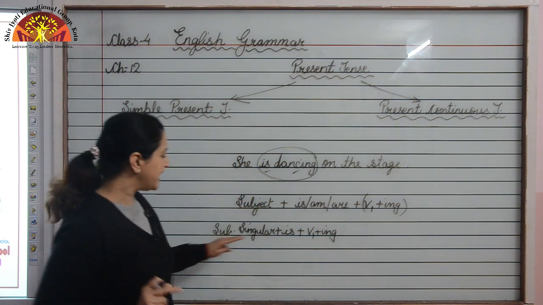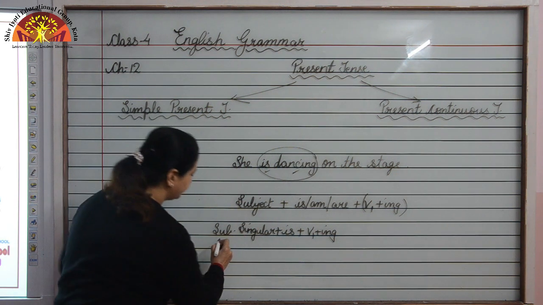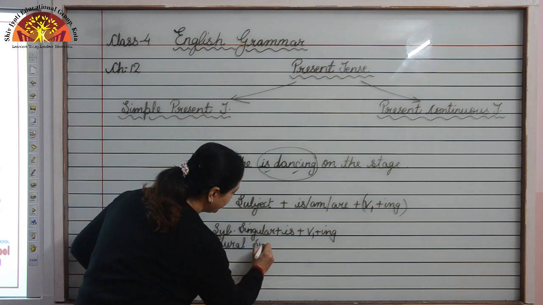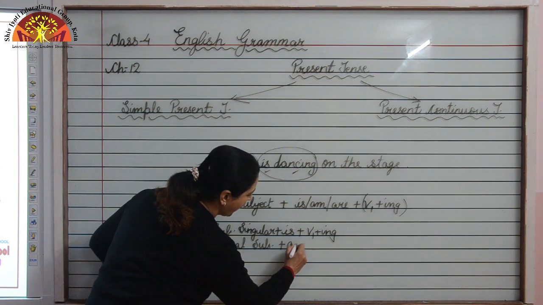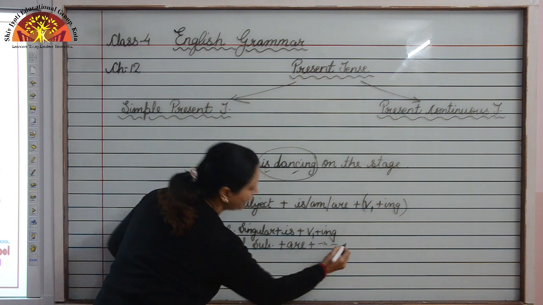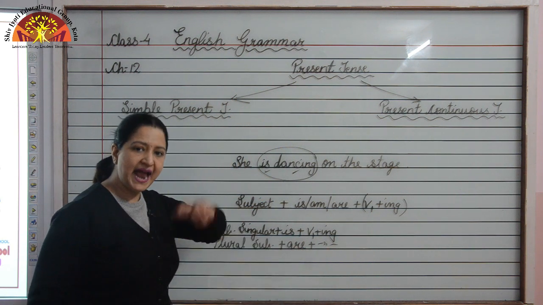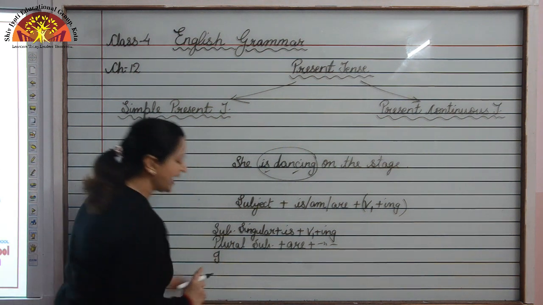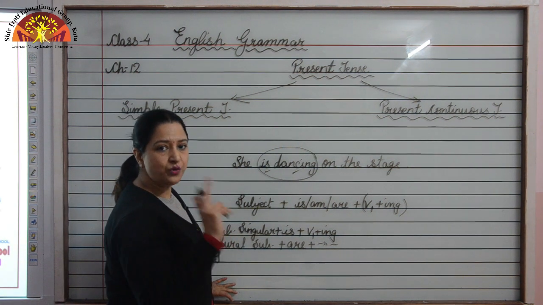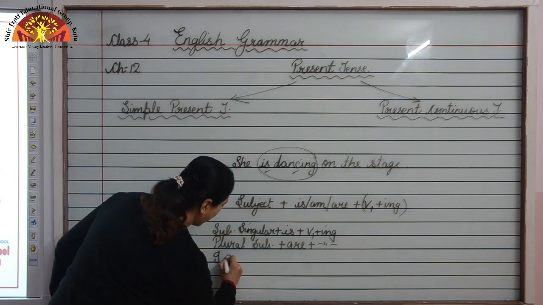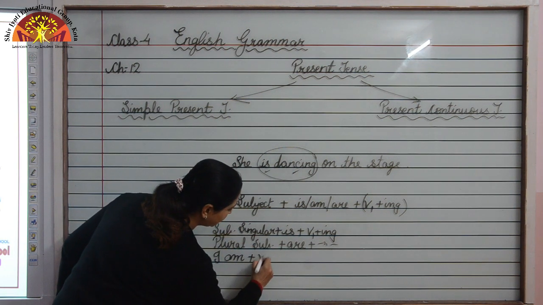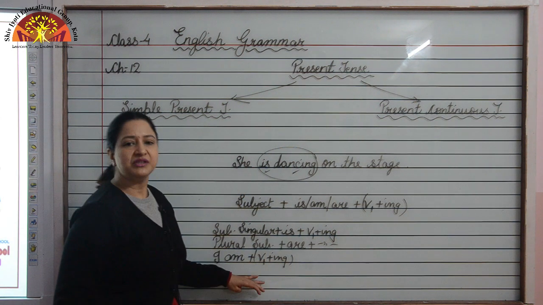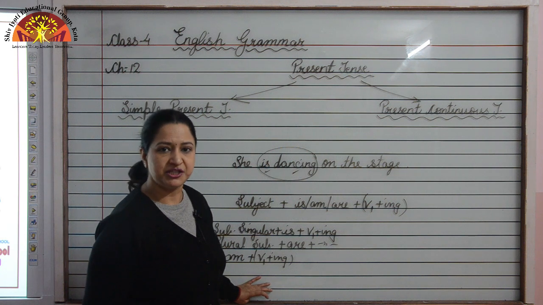Whenever your subject is plural, plural subject plus are plus verb plus ing, and if your subject is I, always remember that you have to use am. I am plus first form of verb plus ing. So this is the structure for present continuous tense.